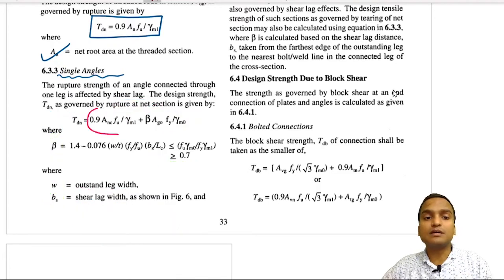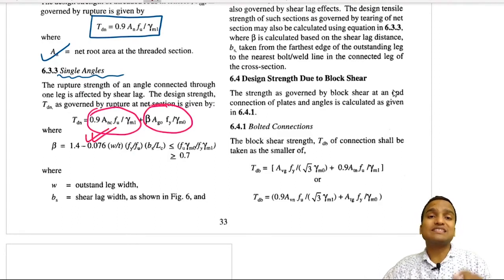Here TDN is a combination of two things. One is the net sectional area failure of the connected leg, and the formula looks similar to that in the case of plates, and this is the gross sectional yielding of the outstanding leg.